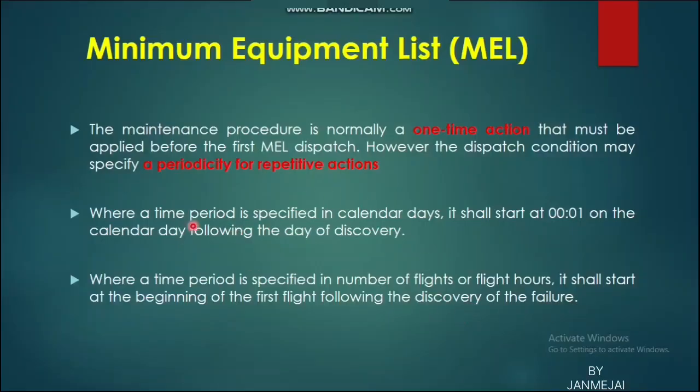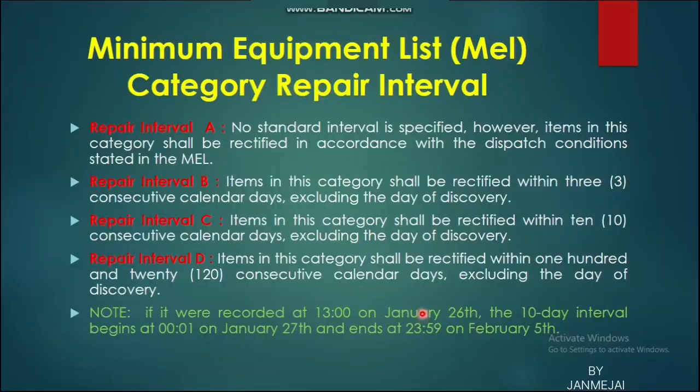So just keep in mind, calendar day and flight time are very different. For flight hours, you have to calculate from the beginning of the first flight after the day the failure occurs. Calendar day we will see in the repair interval. Regarding calendar day, we'll discuss it here.